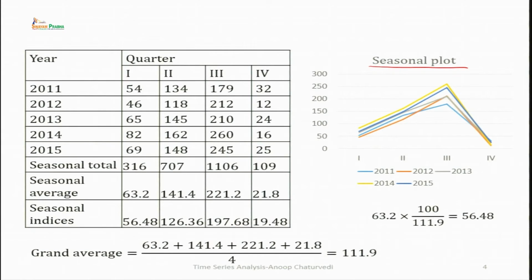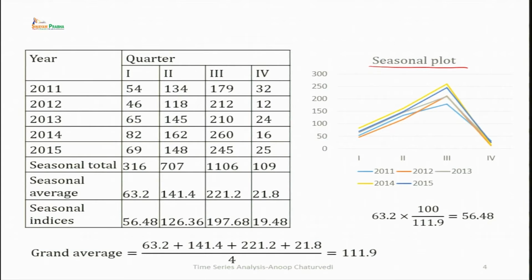Now, we express the seasonal averages as the percentage of grand average. For example, for quarter 1, we take the seasonal average 63.2, multiply it by 100 and divide it by the grand average, and you get the final figure 56.48.